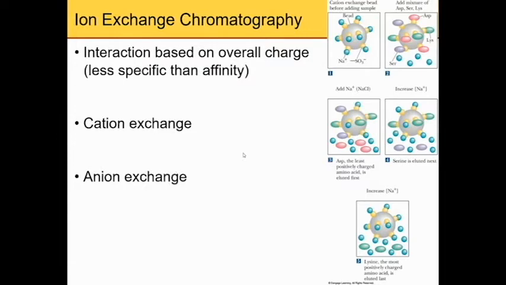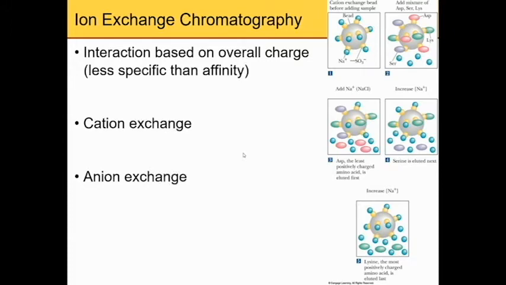And then the ion exchange. So ion exchange chromatography is basically interaction based on the overall charge. Okay, it's less specific than affinity chromatography, because affinity chromatography is very specific. You can target a specific protein if you use an antibody to purify the protein. For ion exchange, it's based on the interaction of overall charge.